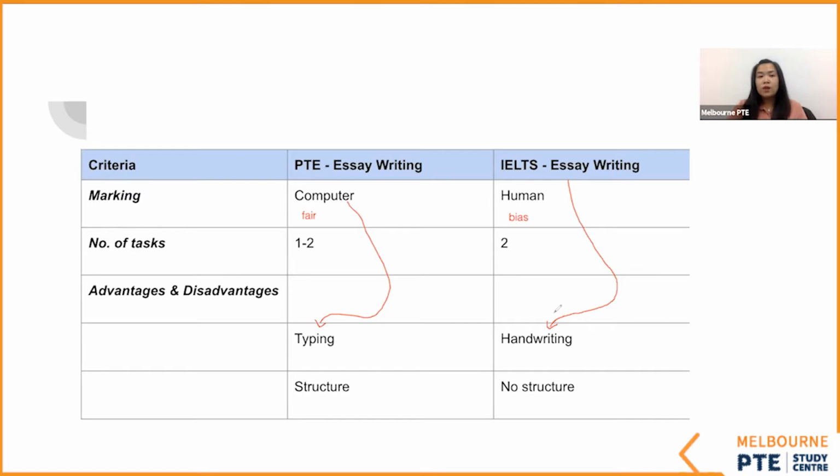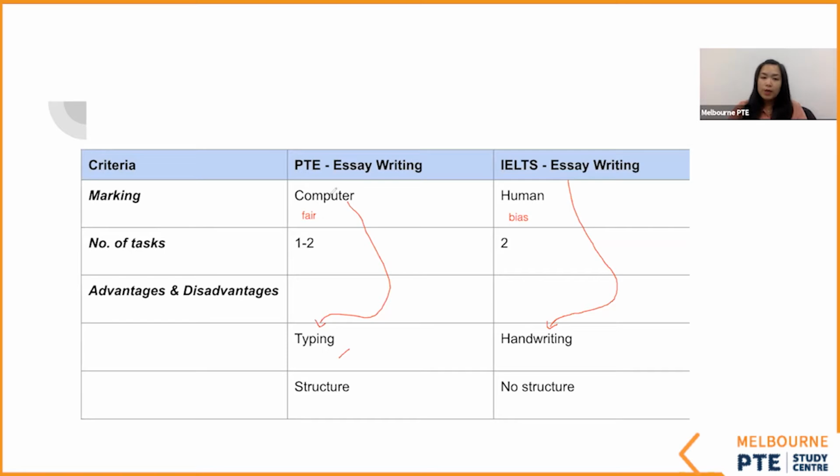Depends. Everyone is different. For me, I prefer typing, okay? Because most of the time I work with the computer, so I believe I type pretty fast. That's what I think. But some students don't work with the computer regularly, so when they type, they are a bit slow, okay? So it depends on you.